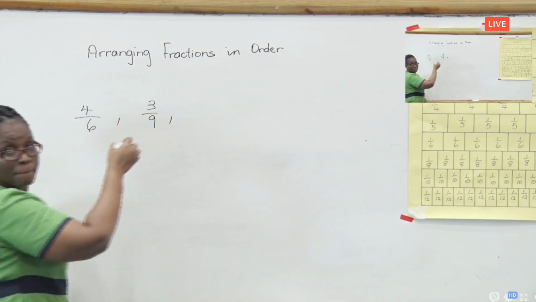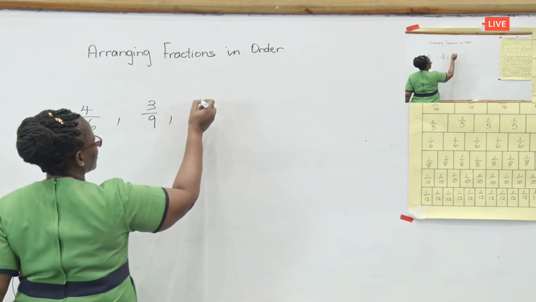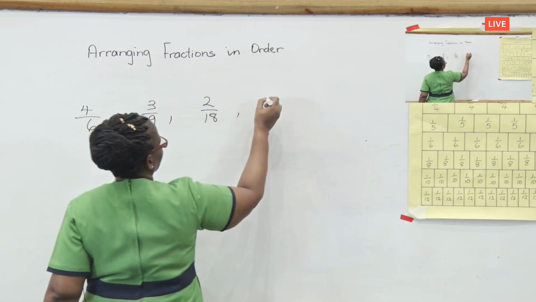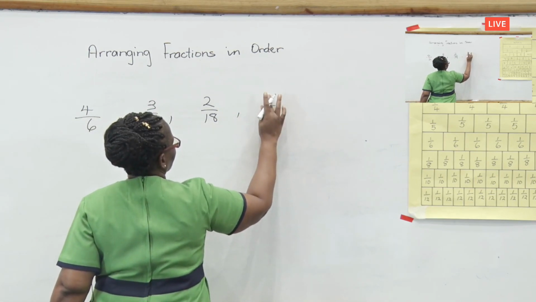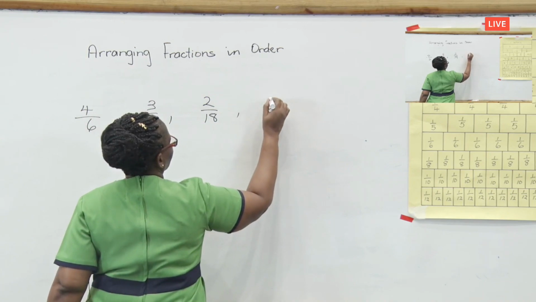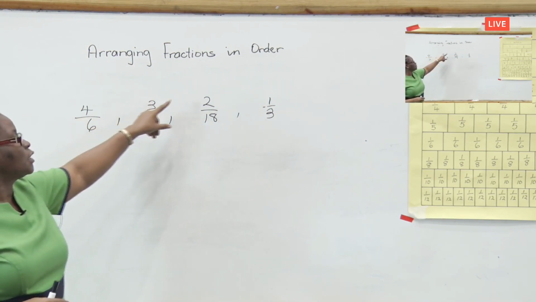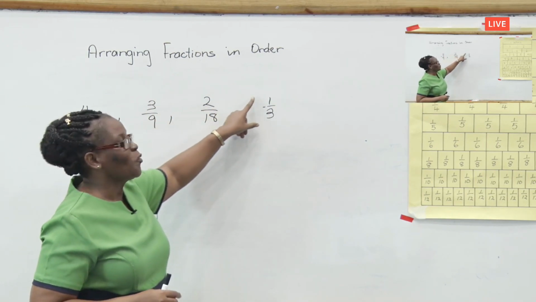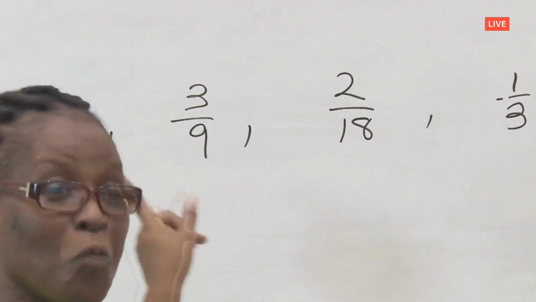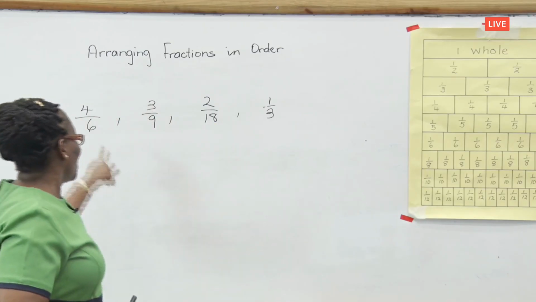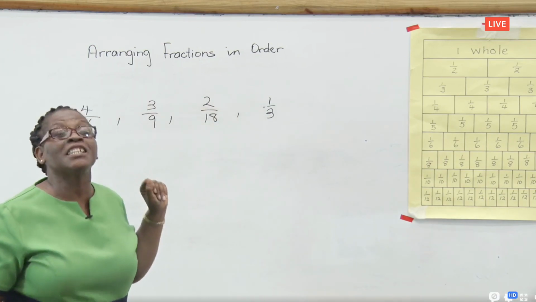Okay, we are going on and we are still going to do arranging. But let's look at this example. So here are my fractions: 4/6, 3/9, 2/18, 1/3.